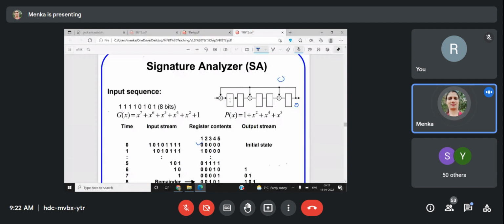This was 0, right? And this is also 0. The content of this was also 0. So 0 XOR 0, you will have 0 here. This 0 got shifted over here, so this is also 0. You got 0 here and 0 from here, so again you have 0. This 0 got shifted over here, and the 1 from this will enter here. So in this fashion 1 followed by four 0s will be the next state.